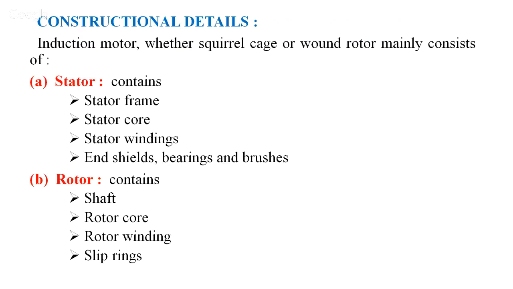Now, let us see the constructional details of an induction motor. An induction motor, whether squirrel cage or wound rotor type, mainly consists of two parts, that is the stator and the rotor. These two are the main parts of the induction motor.